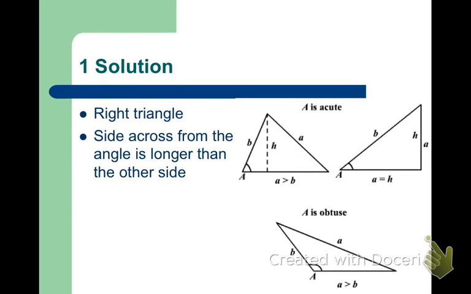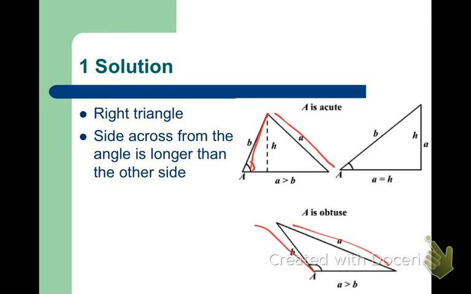First, let's start off with one solution. This happens when this side, which for our purposes right now we'll call side A, across from angle A, is longer than the other side. It can be an acute or obtuse triangle, so here's an obtuse triangle where side B leans the other way.